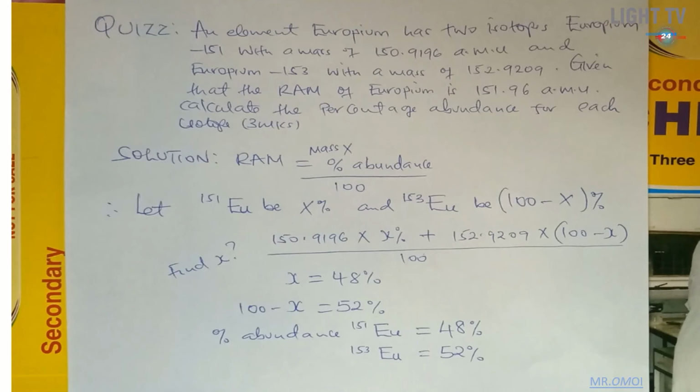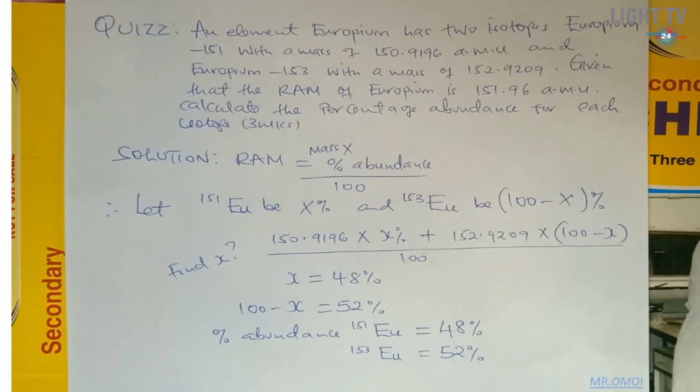Europium has two isotopes, europium 151 with a mass of 150.916 and europium 153 with a mass of 152.9209. Given that the RAM of europium is 151.96 atomic mass units, calculate the percentage abundancy for each isotope. 3 marks.